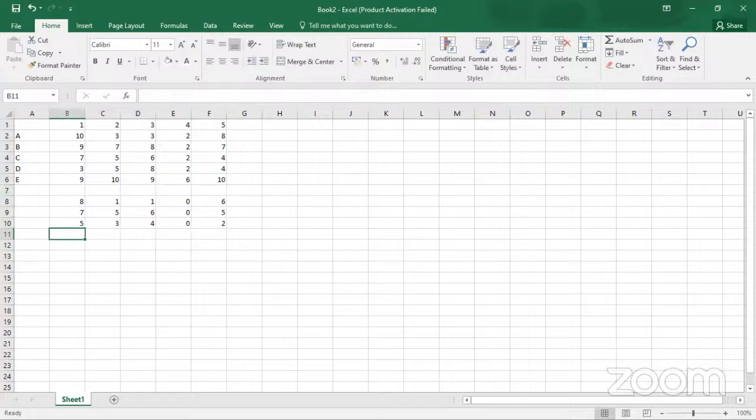Fourth row: 1, 3, 6, 0, 2. Fifth row: 3, 4, 3, 0, 4. Right. So row reduction got over.